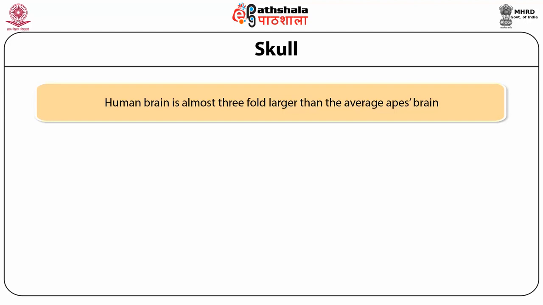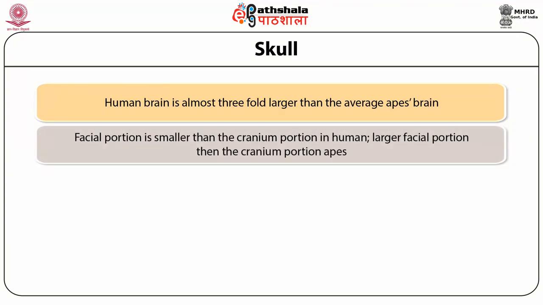To accommodate this large brain size, the human cranium becomes larger and more protruding. Consequently, the facial portion is reduced and becomes smaller than the cranial portion in humans. However, apes have a larger facial portion than the cranial portion.